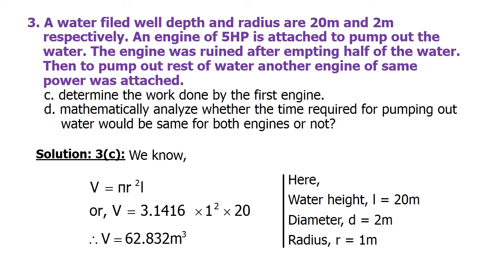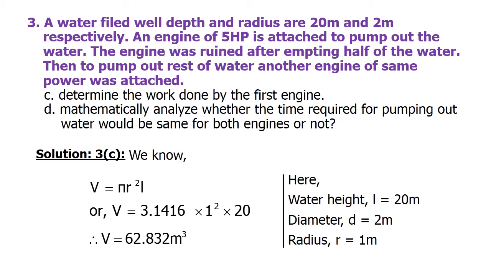Now question C is: determine the work done by the first engine. And question D is: mathematically analyze whether the time required for pumping out water would be the same for both engines or not.